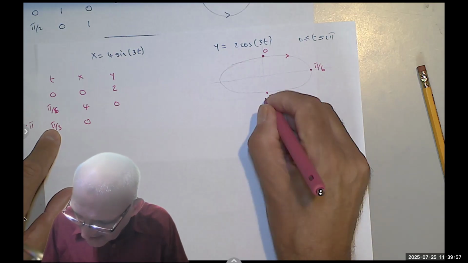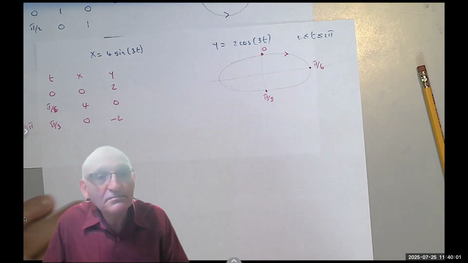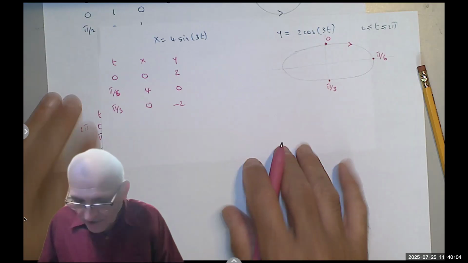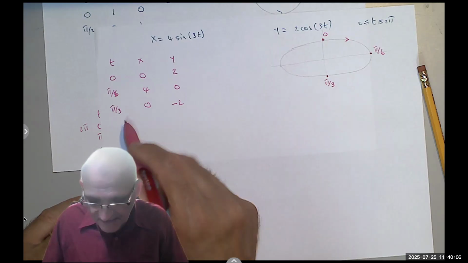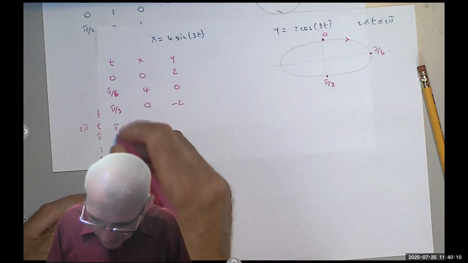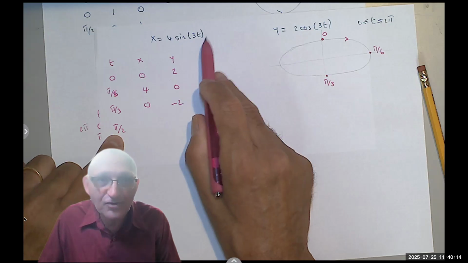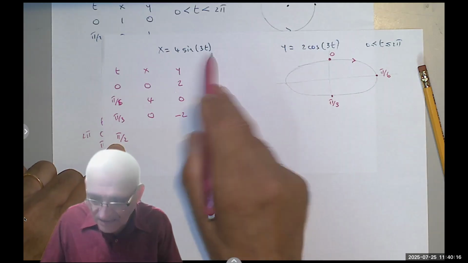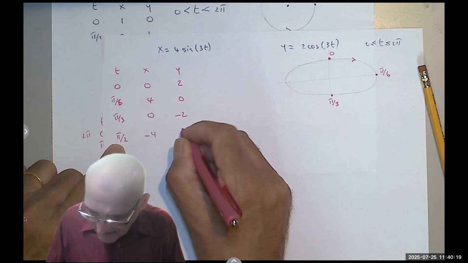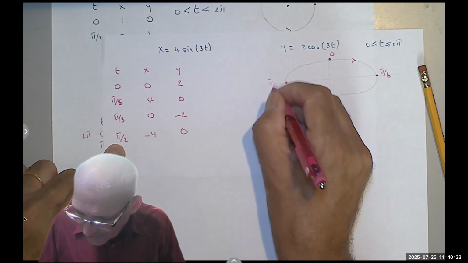So I am here at pi over 3. Then I'm going to add another pi over 6. So I get 3 pi over 6, which is pi over 2, we already know. Multiply it by 3, I get 3 pi over 2. Sine 3 pi over 2 is -1 times 4 is -4, and this is 0. So I am here at pi over 2.